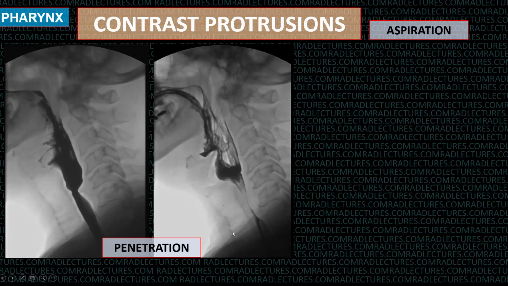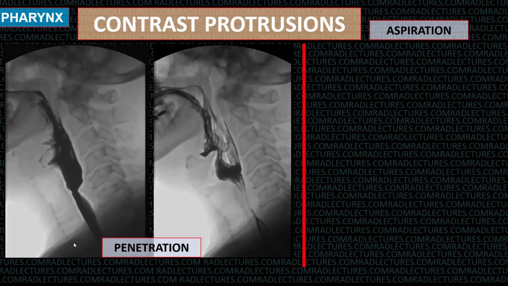It does not go down into the actual airway. So this is called penetration. What that means is that such patients may actually aspirate at some point, but they are not aspirating right now, but they are in danger of an aspiration.